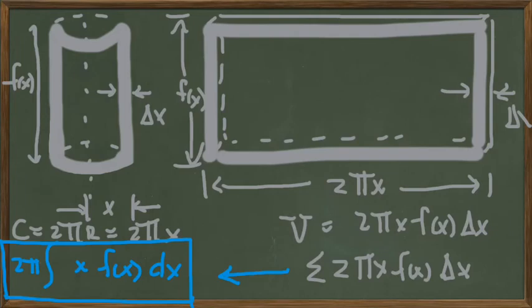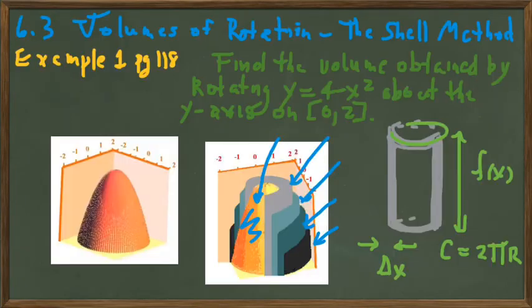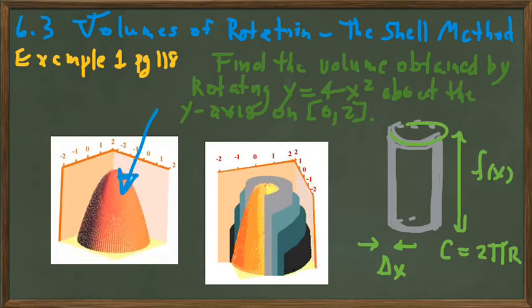So let's apply this method to find the volume of this function y equals 4 minus x squared when it's revolved about the y-axis on the interval 0, 2, that is, the volume of this region right here.